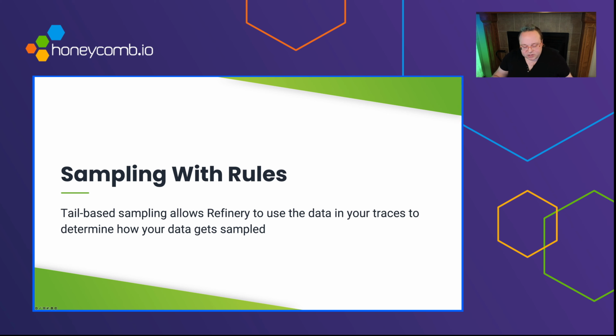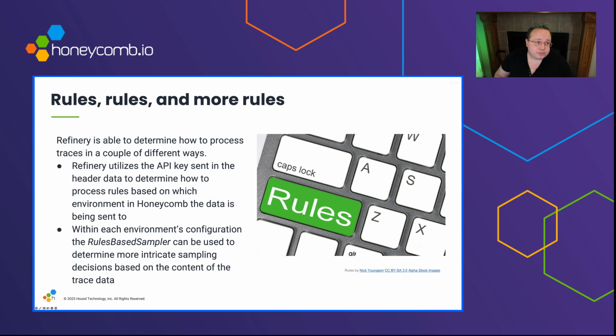So with all of these samplers available to us in Refinery, implementing them becomes the art of using Refinery, and we do this through creating rules. Rules are done in a couple of ways.